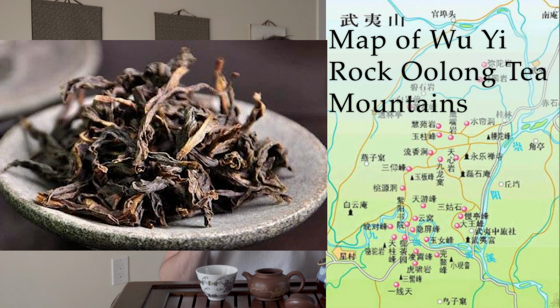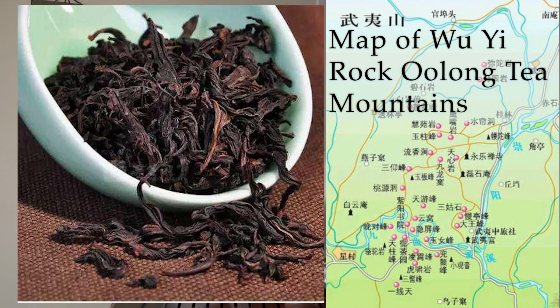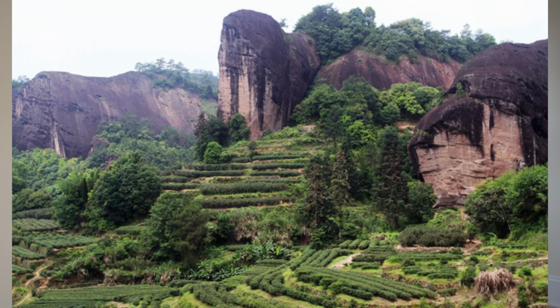I've been in China and I've seen someone who specializes in northern Fujian oolongs, and I saw this sampler pack they were selling of Wui Rock oolongs, and it was a briefcase, and you lift it up and there's like 40 different types of Wui Rock teas inside. Part of the reason for that is that, as you can hear in the name, that word rock reflects the rocky mountainous region of northern Fujian.